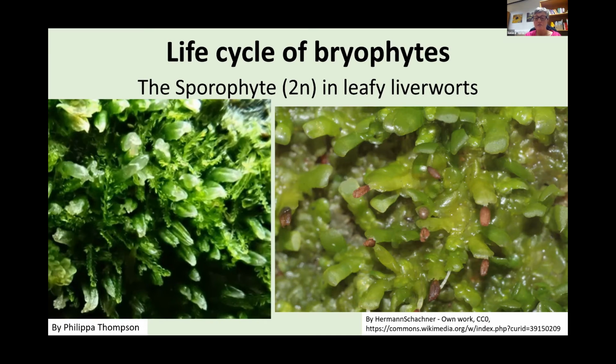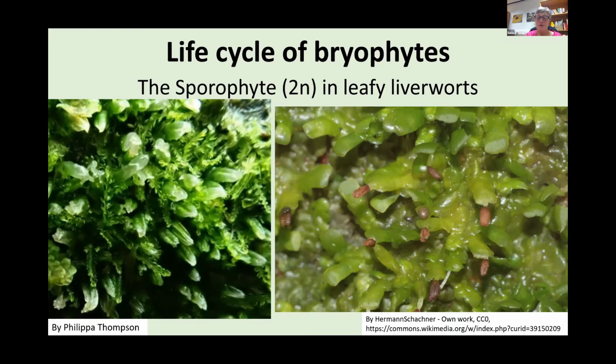So right in the middle, there's one that's just coming out of the perianth. It's still whole, and you can't see a seta, and it still hasn't dehisced. Below, towards the bottom center of the picture, there is clearly a see-through seta and a dehisced capsule, for example.